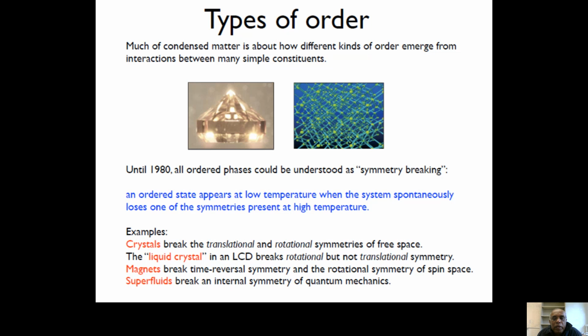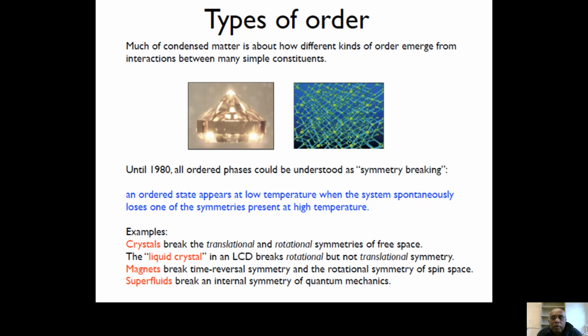Some examples: simple crystals break the translational and rotational symmetries that you have in free space. When you go into the crystals, there's some breaking of the translational and rotational symmetry. That's why we have a new crystalline phase. The higher symmetry we had in free space is now lost inside the crystals.